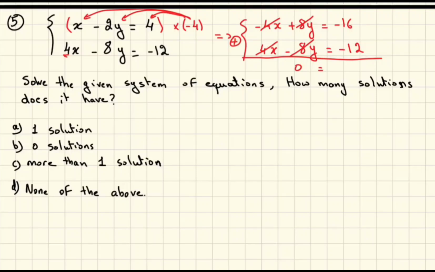Now you do -16 plus -12, you will get -28. Now 0 equals -28, this is never true, this is false. Whenever you solve a system of linear equations and you get something false at the end, you say this system has 0 solutions. So your answer here will be part B.